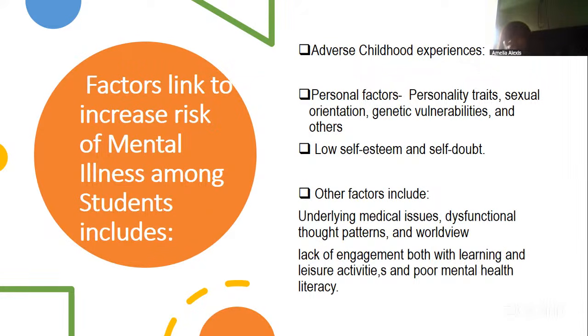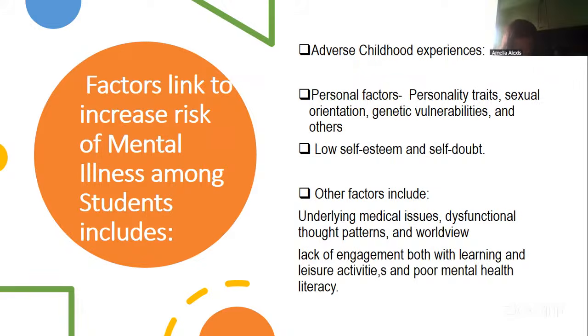These situations, though not limited to, include adverse childhood experiences, maybe from low socioeconomic status, exposure to traumatic experiences, and personal factors such as personality traits, persons who dominantly think negatively and are low on conscientiousness.